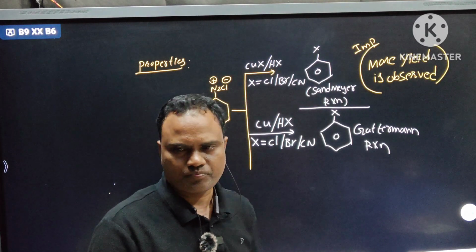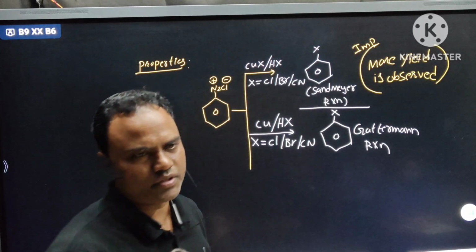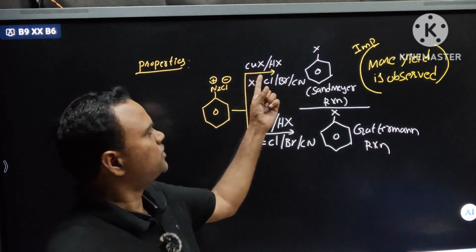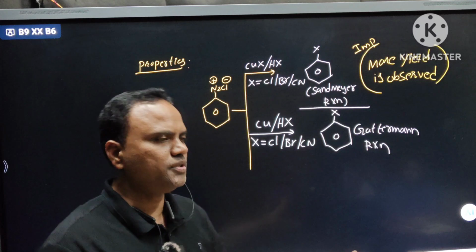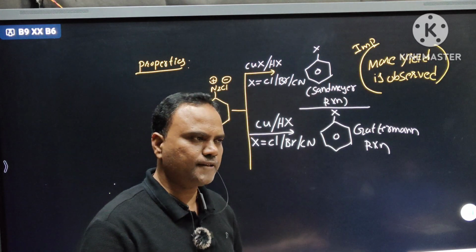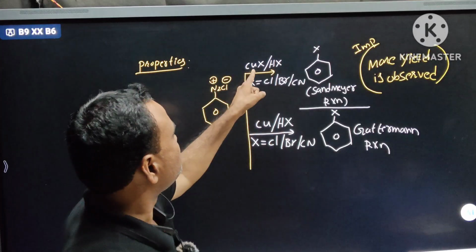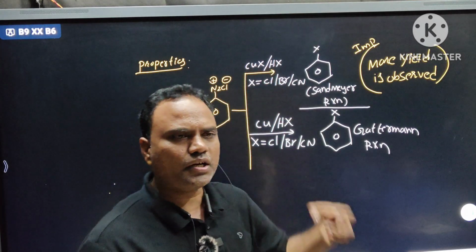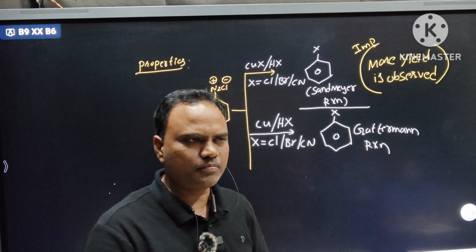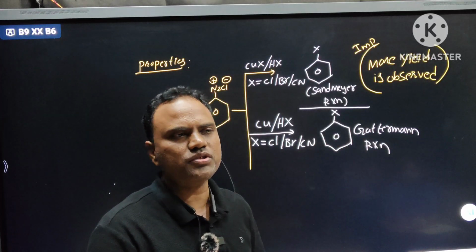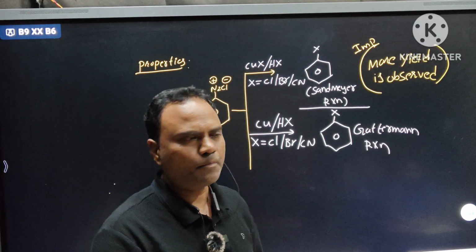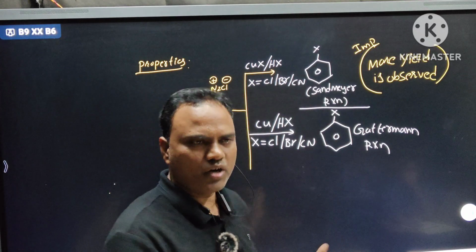Okay, what is the reason for that? See, CuX means CuCl followed by HCl. Copper is directly attached to halogen, CuX. So release of halogen is very easy, and the rate is also very fast.